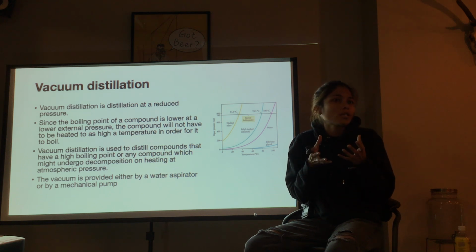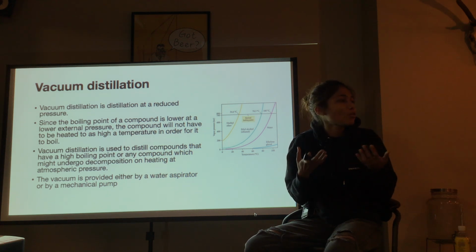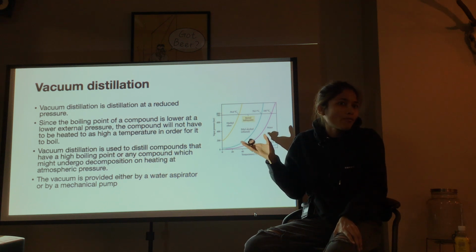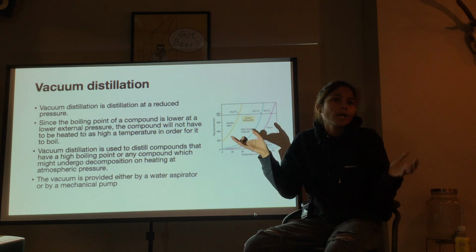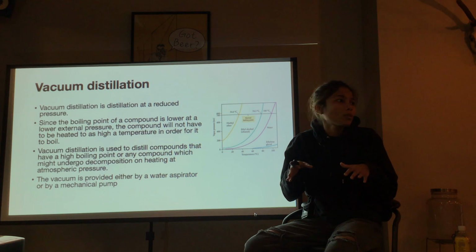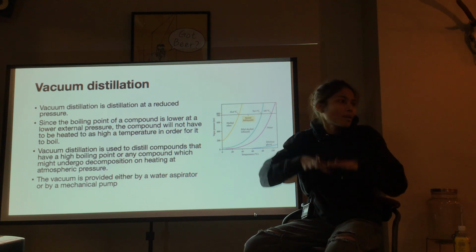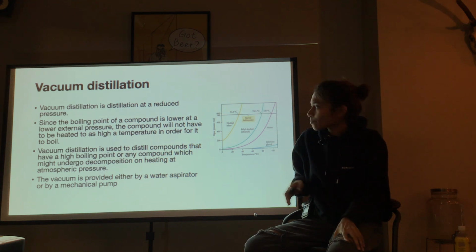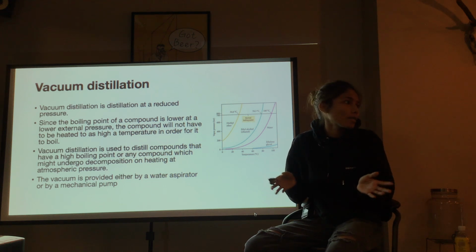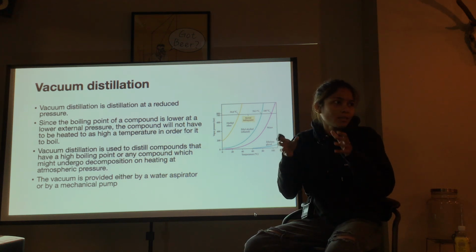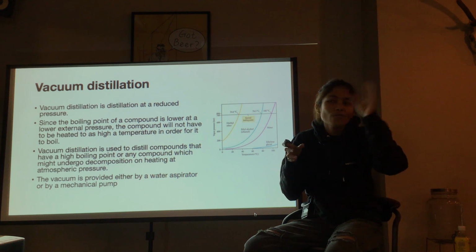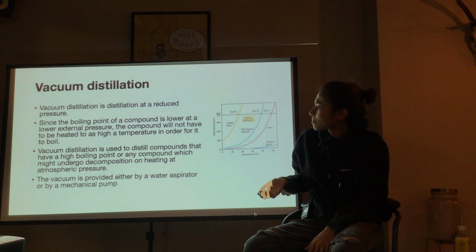Heat would actually decompose the ingredient and you wouldn't get that smell. That's where vacuum distillation comes in. What it essentially does is bring down the boiling point until it's extremely low, and then it goes through the exact same principle of heating, evaporating, and condensing.